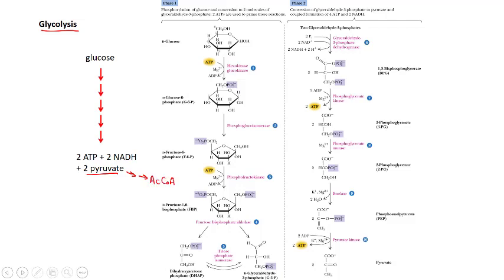For all pathways in this course, not just glycolysis, you should know where and when it happens, and by when I mean under what biological condition. You need to know the major reactants and products.